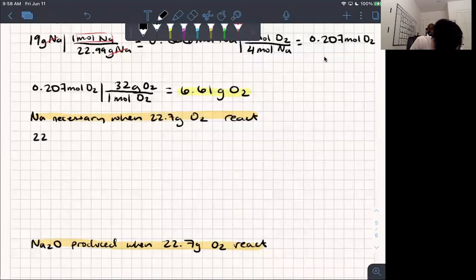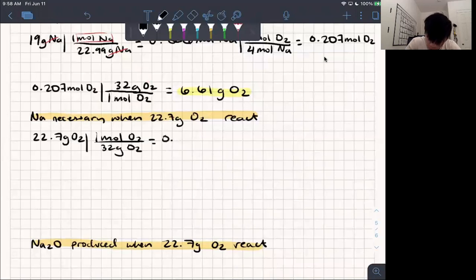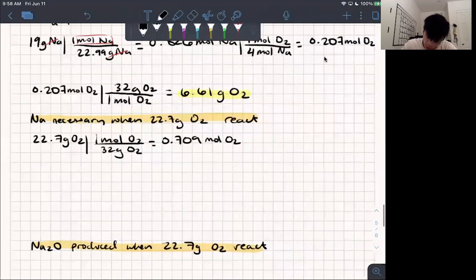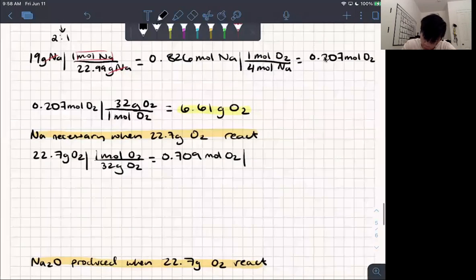First we convert 22.7 grams of oxygen gas into moles, and we have this conversion factor. For every 1 mole of oxygen gas, it'll weigh 32 grams. So 22.7 divided by 32 equals 0.709 moles of oxygen gas, okay? Now we want to compare that to the molar ratio.